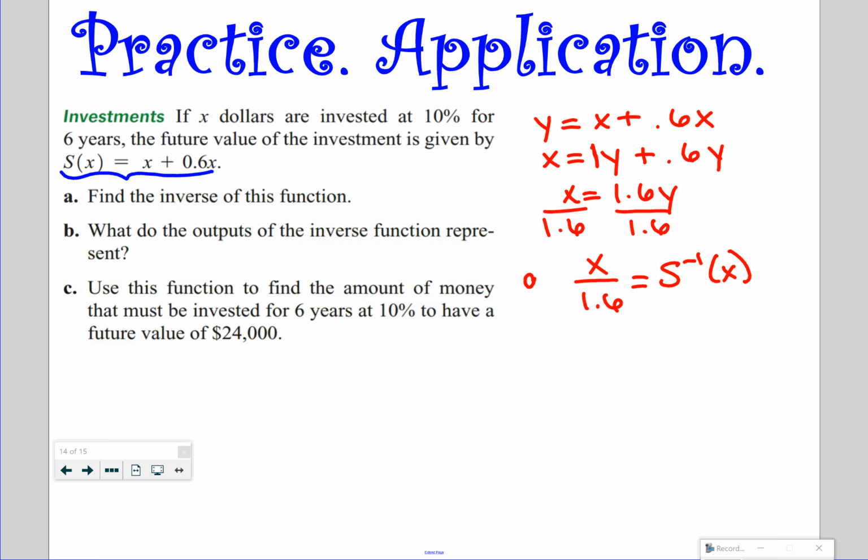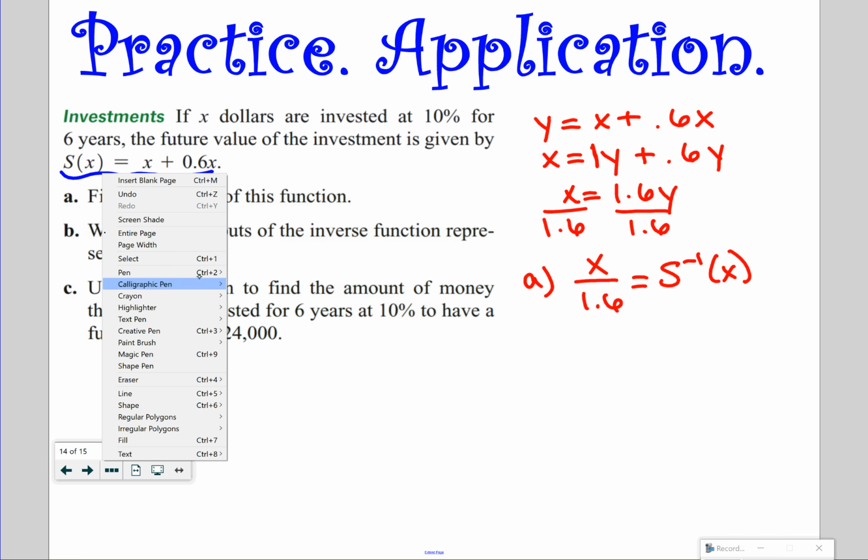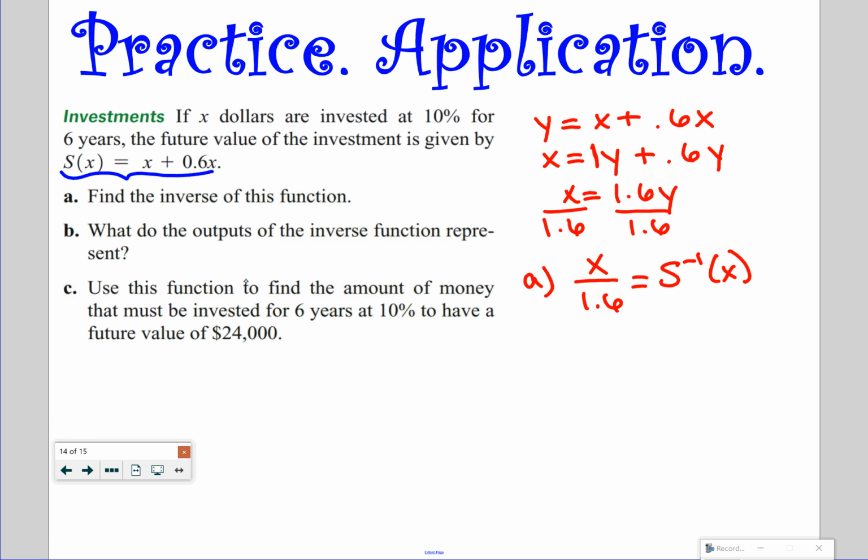Part B says what do the outputs represent? So let's talk about the original function. In the original function, the inputs are X dollars that are invested, and the outputs are the future value of the investment, which is a fancy way of saying how much the money's worth after that 6-year time period.